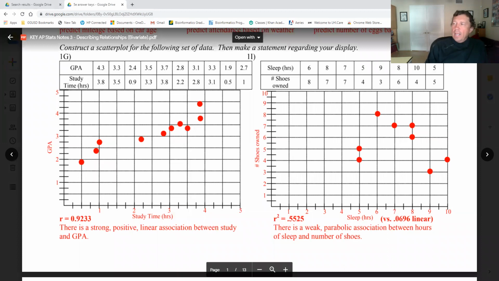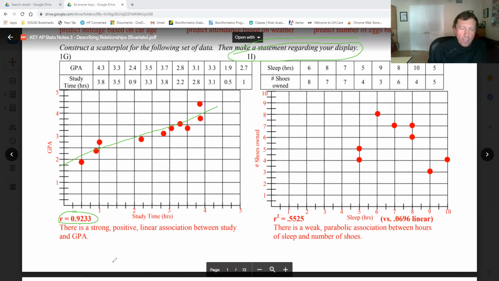So you can see if I were to draw a line in here, and I'll go ahead and do that, that line right there. The R value was very strong. So if I were to make a statement regarding the display, when you make a statement, there's going to be 3 things you talk about.